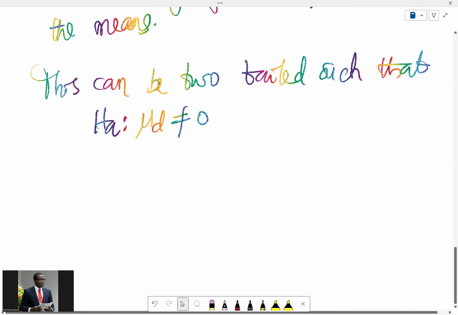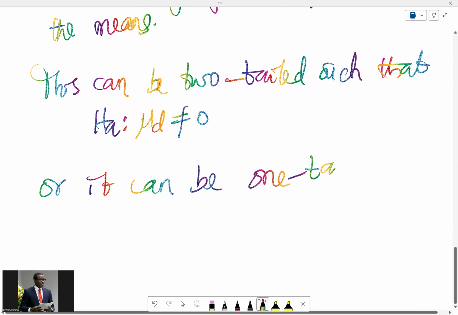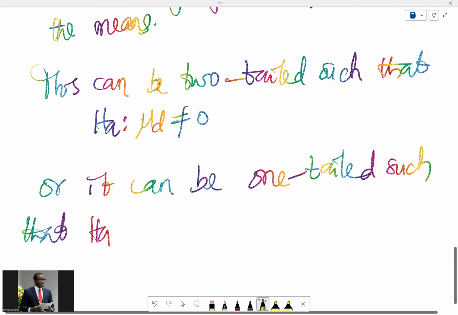Or it can be one-tailed, such that HA is mu d greater than 0, or HA is mu d less than 0.